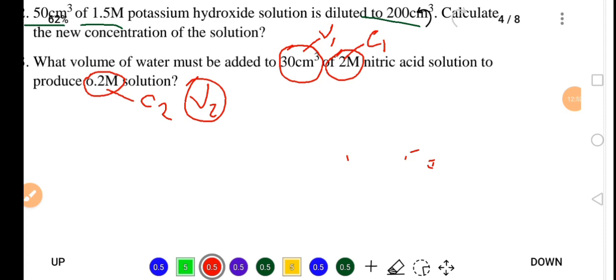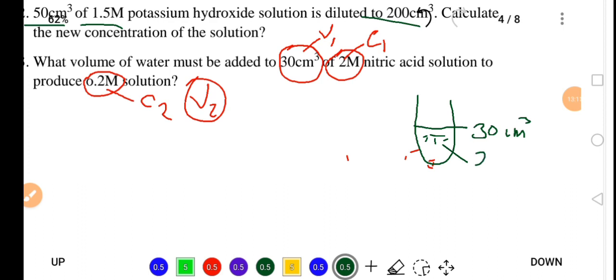This volume is 30 centimeter cubic. This is the volume of the nitric acid and its concentration is 2 molar.